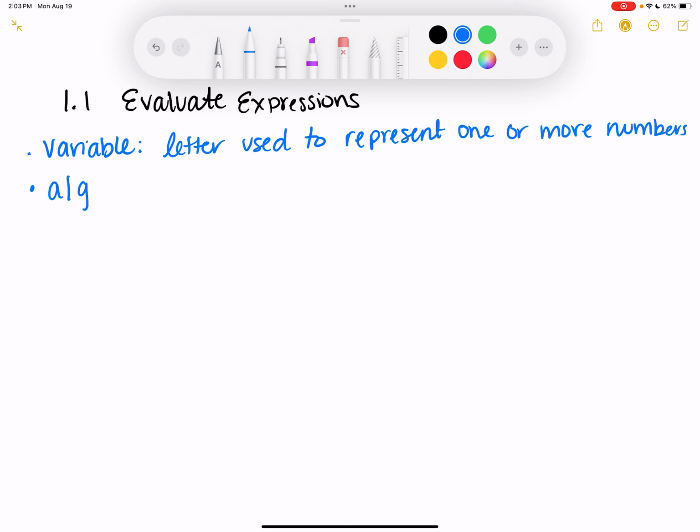Algebraic expressions, or also sometimes they're called variable expressions, are expressions that include at least one variable.